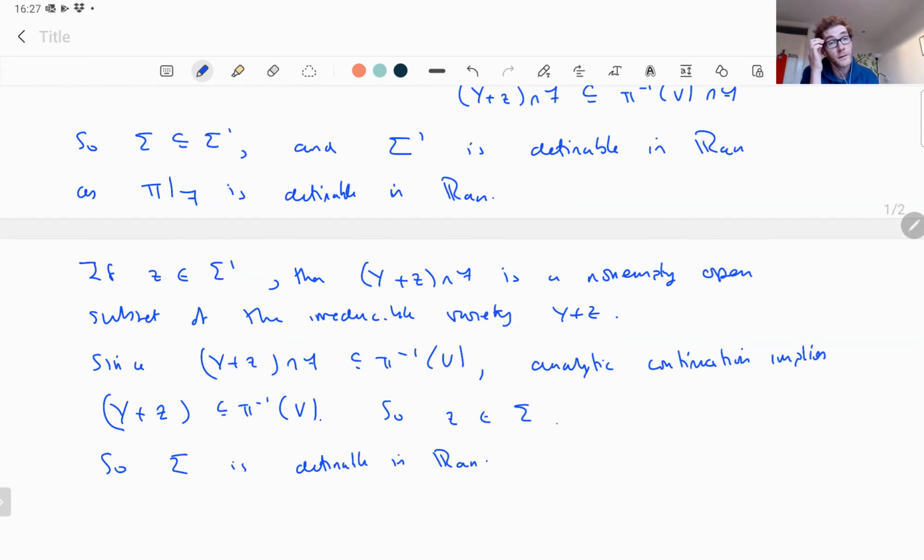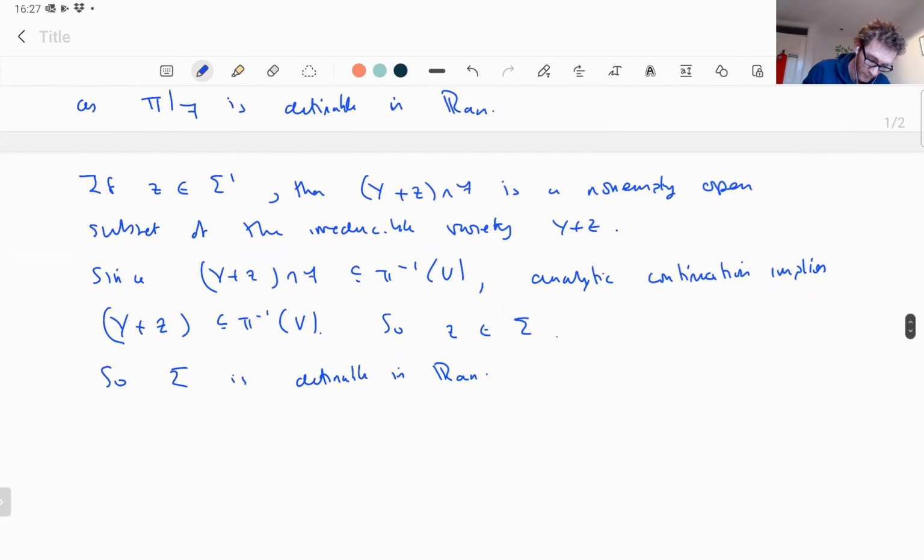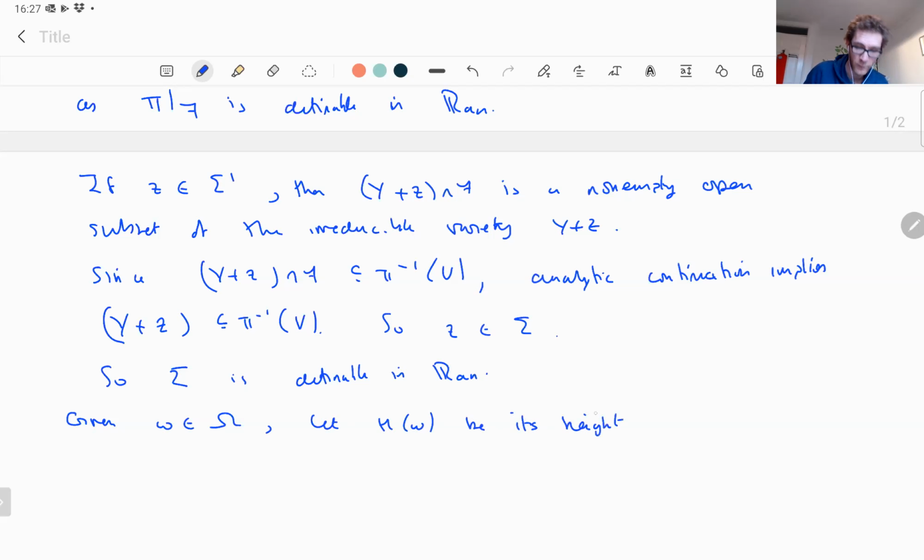So next we want to show that it has lots of integer points. So given a lattice point omega, let h of omega be its height with respect to the basis we fixed above.